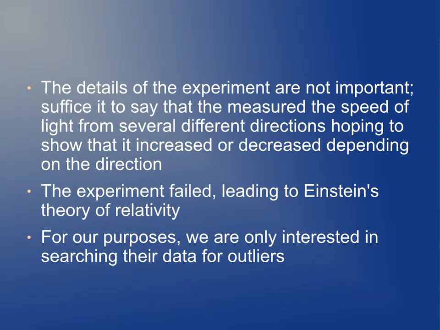Light was going exactly the same speed in every direction, which later led to Einstein's theory of relativity. It is one of the most famous examples of a failed experiment in science. But for the purposes today, all we care about is looking for outliers in their data, because if you're going to completely change the paradigm of physics, you would want to make sure that it's not the result of bad data.